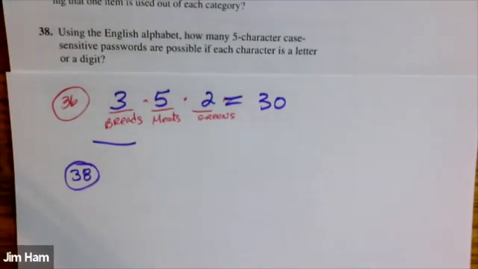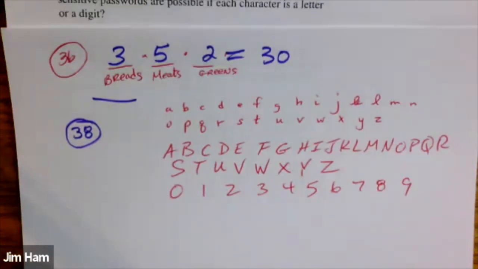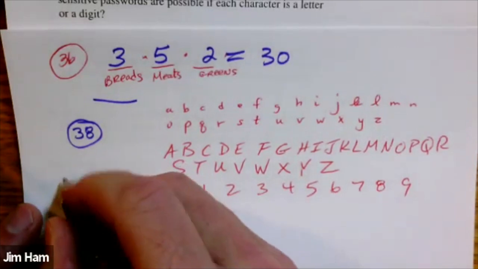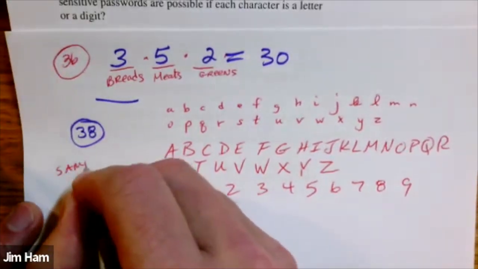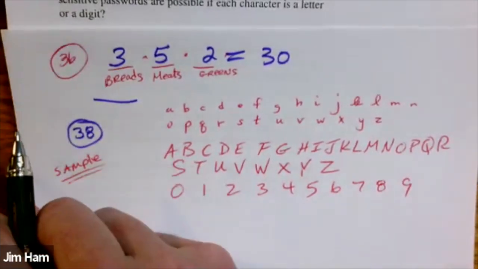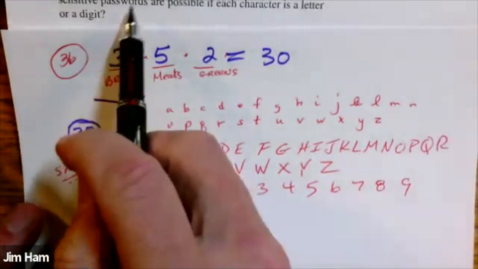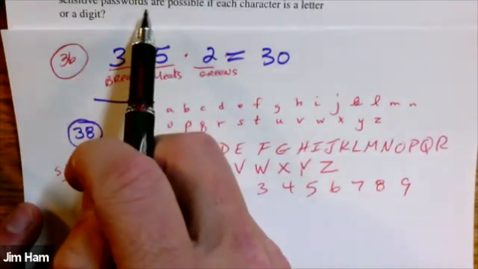Using the English alphabet, how many 5-character case-sensitive passwords are possible if each character is a letter, uppercase or lowercase letter, or a number, a digit? Digits are from 0 to 9. What they're saying is, and it could be helpful for you just to write down a sample, it's a 5-character case-sensitive password.